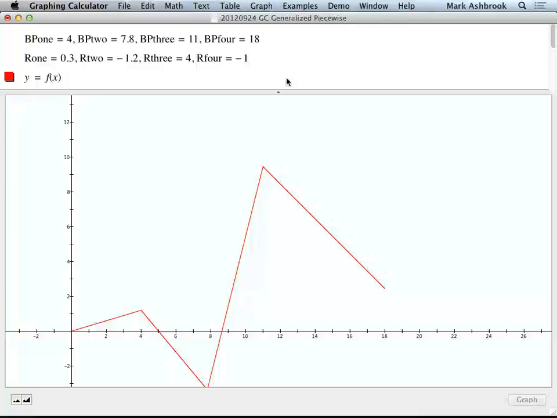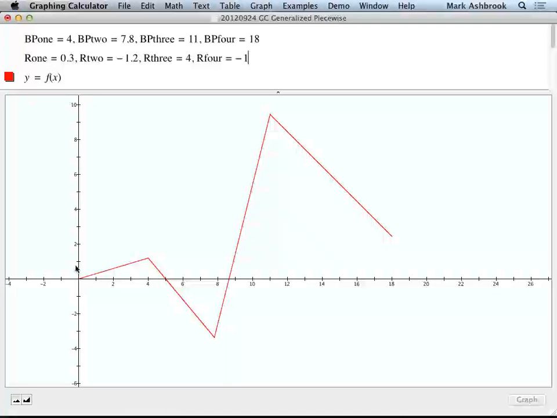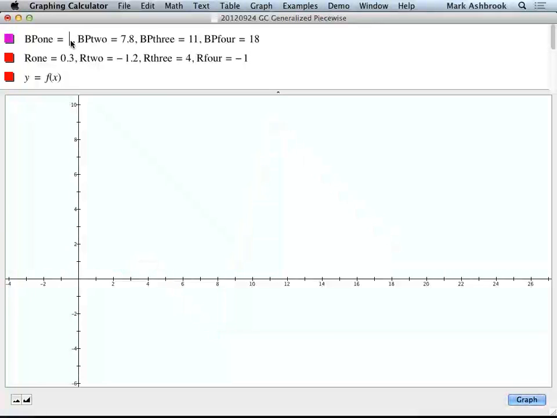Rate of change, okay? So all I have to do is come up to this here, and maybe I want this breakpoint actually to be at 5.5, and the first rate of change to be negative 0.7, etc. And maybe the second breakpoint is at 10, and then 12.